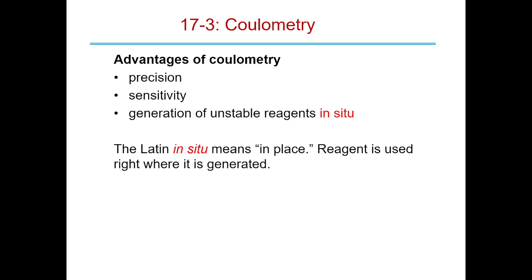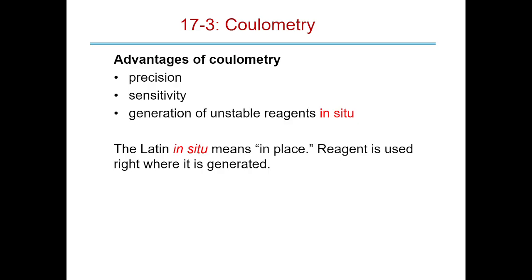Everybody understands why that's a big advantage, right? You don't lose reagent to oxygen in the atmosphere that way. You don't lose it because it was sitting on a shelf somewhere. You don't lose it because of 100 different reasons, right? So it allows you to generate it in place, do the reaction right there. Okay?